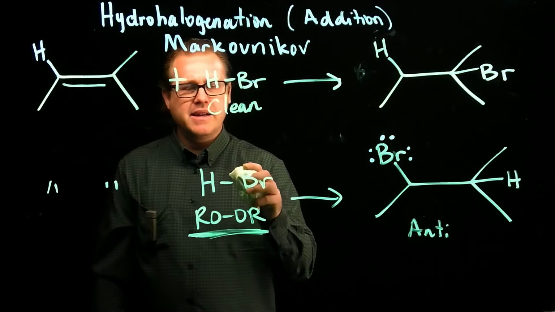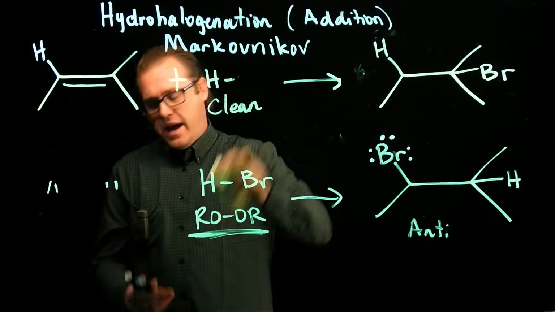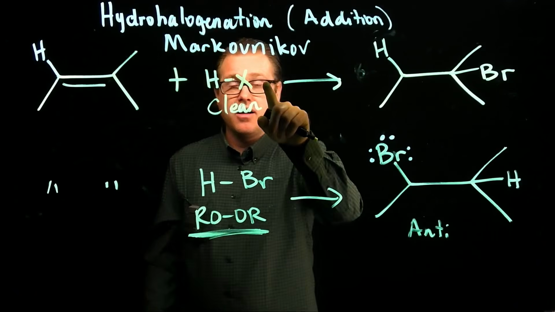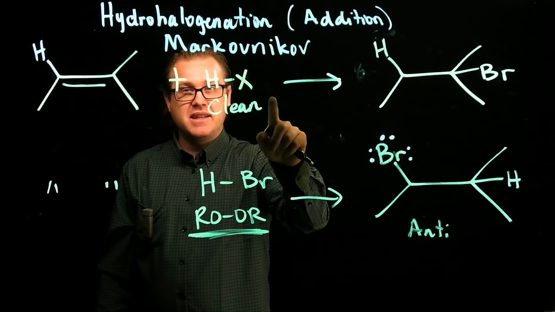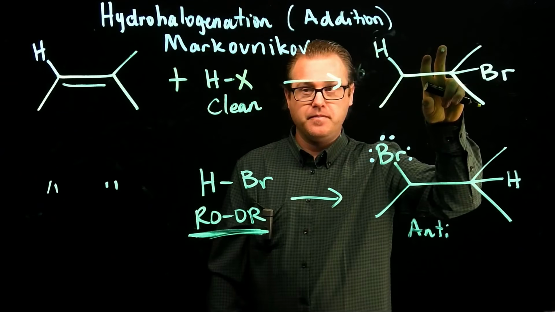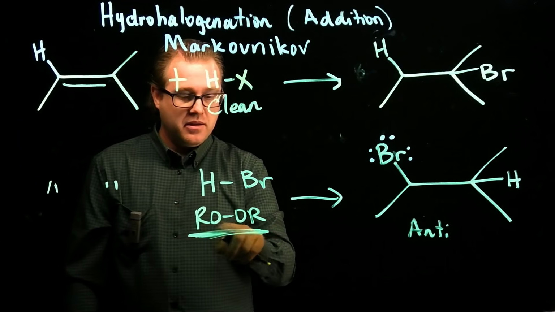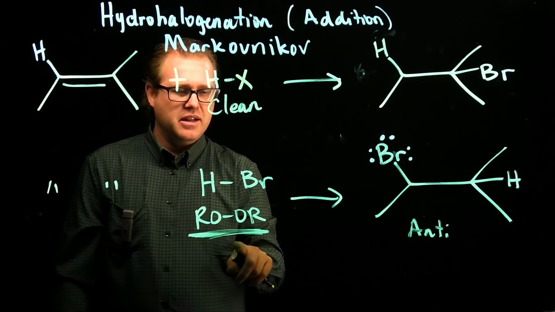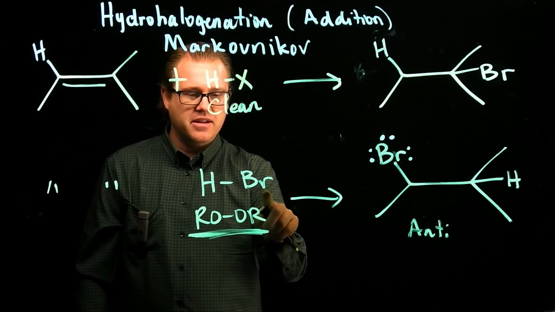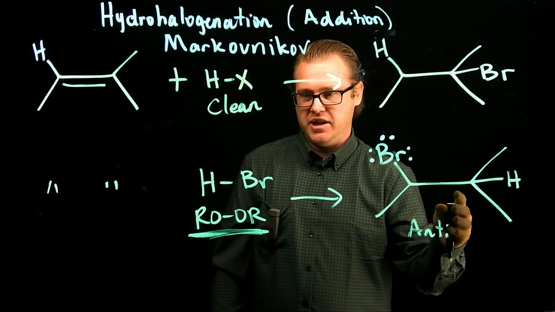Another very interesting observation is when you use clean HBr, HI, or HCl, we're going to get the Markovnikov product. Okay? But when you dirty up the reagent with the peroxide, they observed that only the hydrobromic acid, or the HBr, was able to do anti-Markovnikov addition.